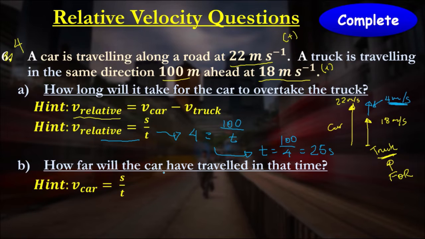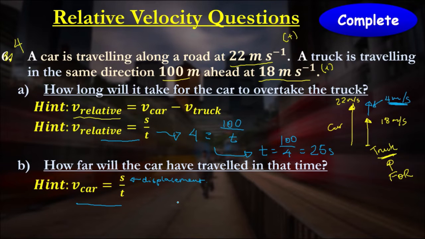How far will the car have traveled in that time? Okay, so again, using the same formula, this time I want to find its overall displacement. The car has traveled at a velocity of 22 meters per second, because we're looking at the perspective of the car, right?